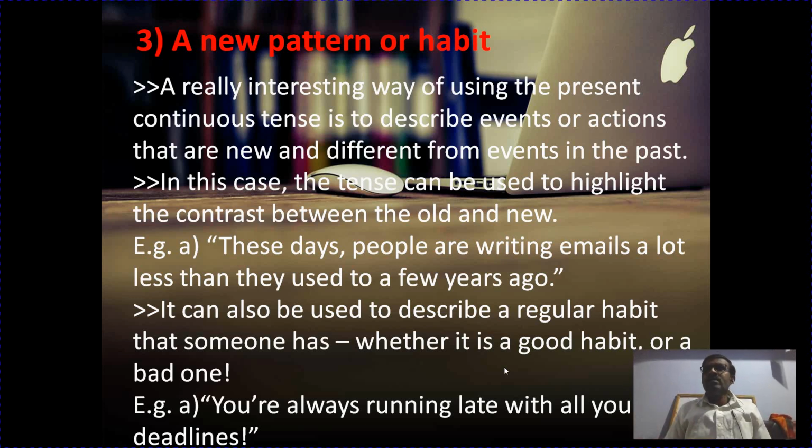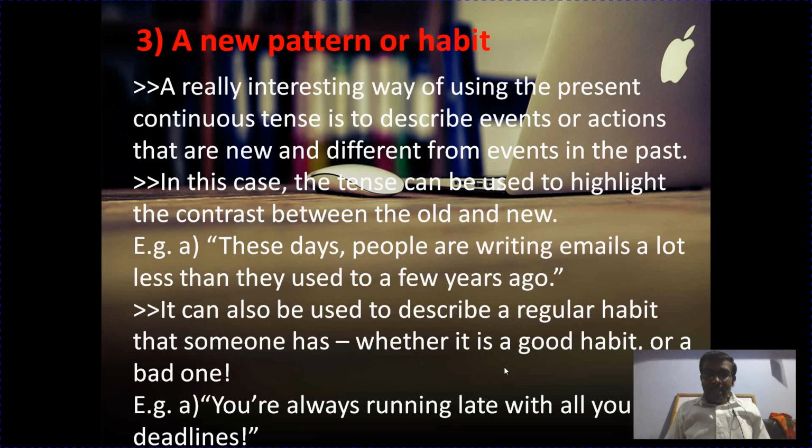Next, emails, updates on emails, updates on WhatsApp, updates on Facebook, and everything is getting updated, right? So these are old pattern, new pattern. Old school, new school, old college, new college. So old situation, past situation, present situation can be explained with the help of the present continuous tense.